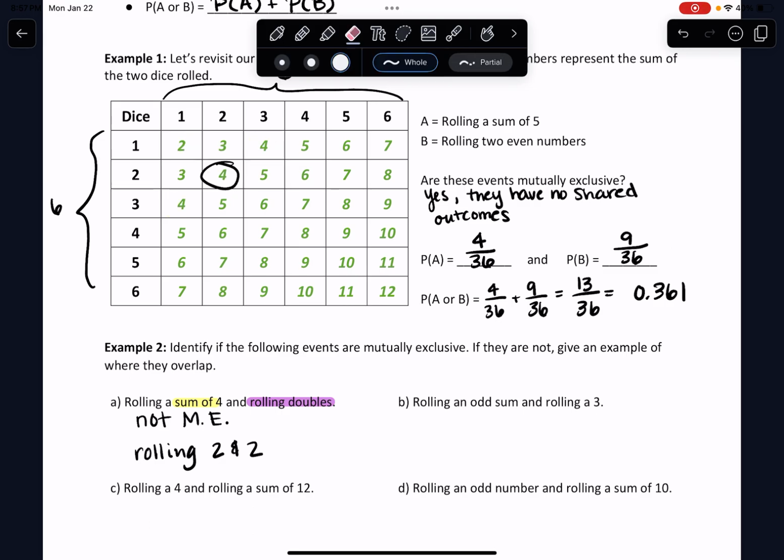So if we clear the table, we go back in with our highlighter: rolling an odd sum, and rolling a 3. So rolling an odd sum, there's lots of those in the table.